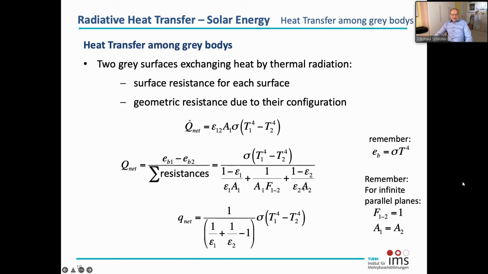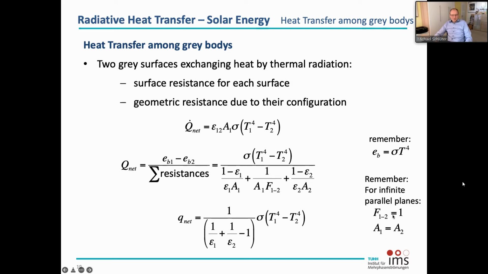And now we can insert in this equation the real equation from Stefan-Boltzmann's law. Remember, I just mentioned that E_B is sigma multiplied by T to the power of 4.